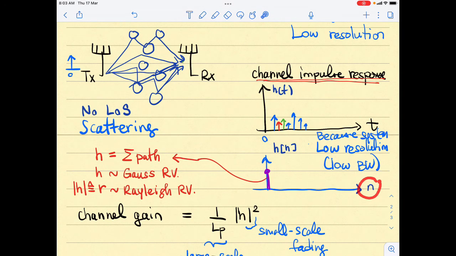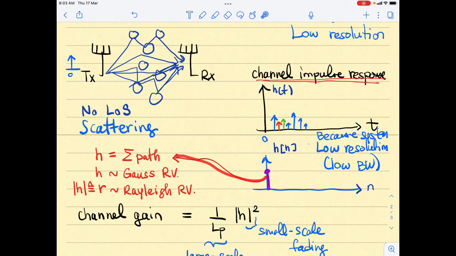So in a discrete time system, before, in the analog model, t is time, it's continuous time, right? And now if we are talking about a discrete time system, then n is the time index, right? So after we do sampling, these different paths might get lumped together into only one filter tap, or one path basically.